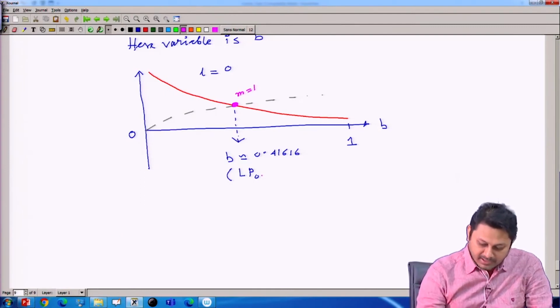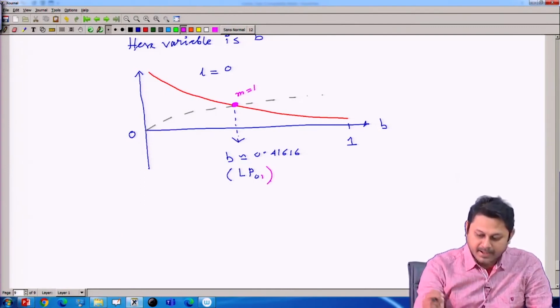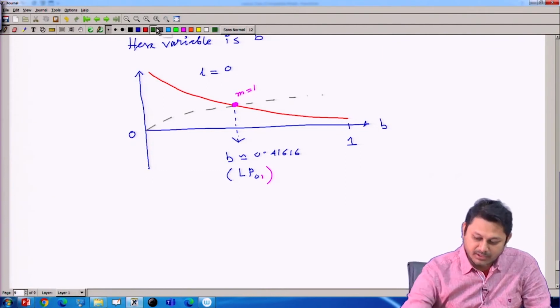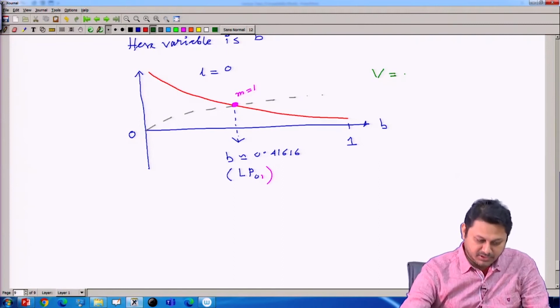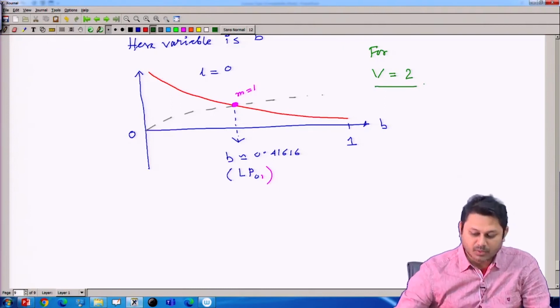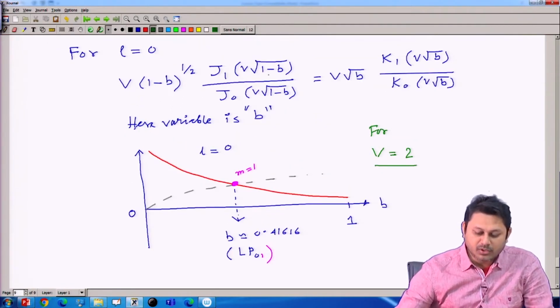So, this is the LP1 solution, and for which I need to put the value of B as well, because B is a parameter that needs to be defined. So, this is for V equal to 2. For V equal to 2, I put V equal to 2 in this equation and then I vary my B from 0 to 1, and when I vary B from 0 to 1, I can plot the left hand side, but everything is known.